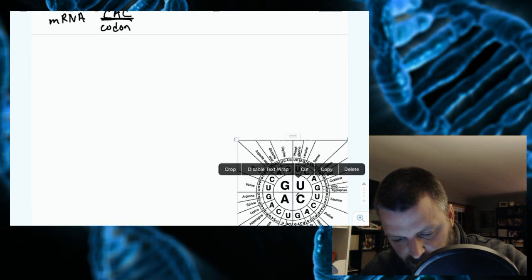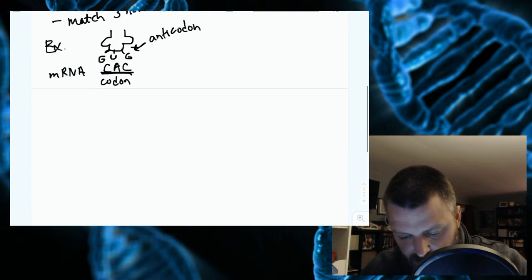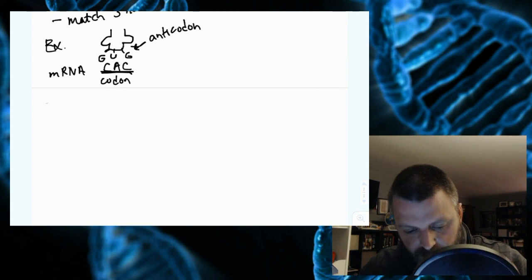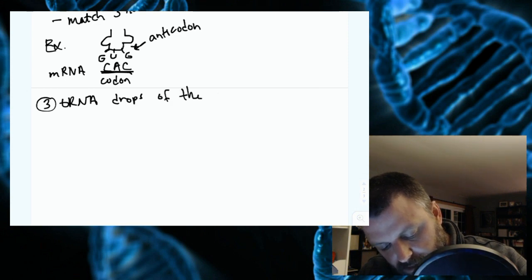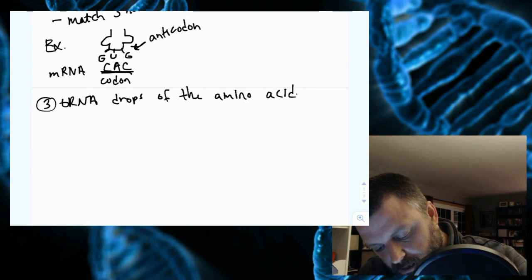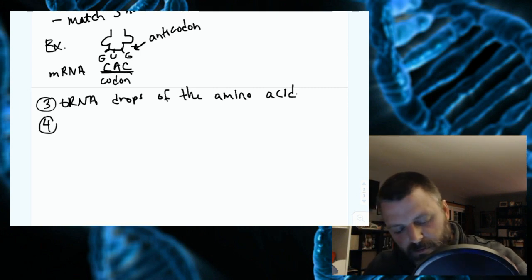Okay, the next step, and let me move this down a little bit. Okay, the next step is the tRNA. Oops, step number 3. Drops off the amino acid. Okay, so that's step number 3.